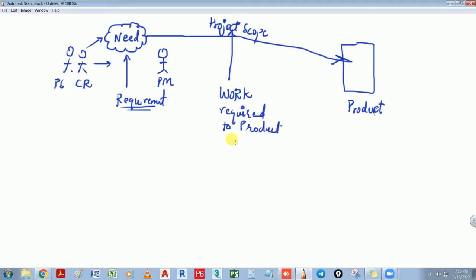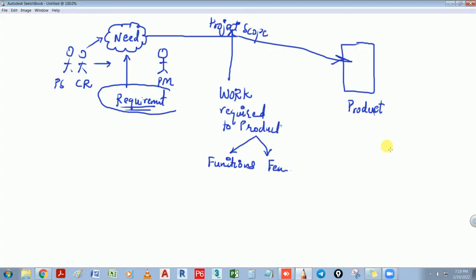With what product? I can create any product, but with his requirement. What is his requirement? It has to have these functions and features. I hope it is clear now.